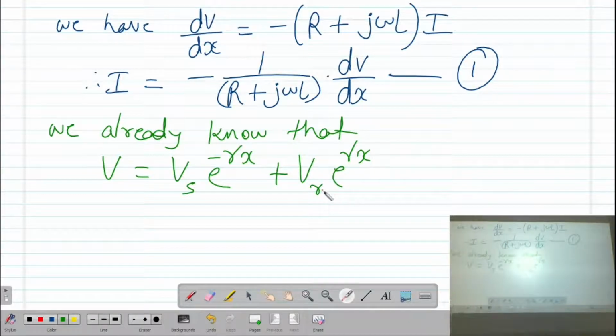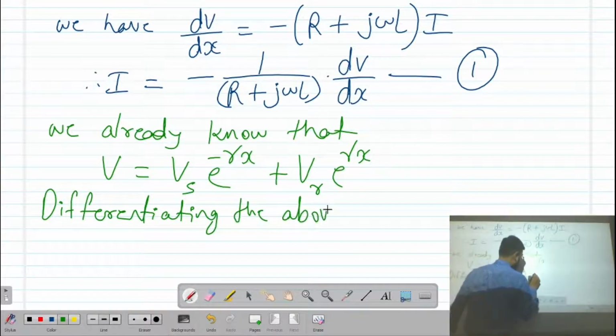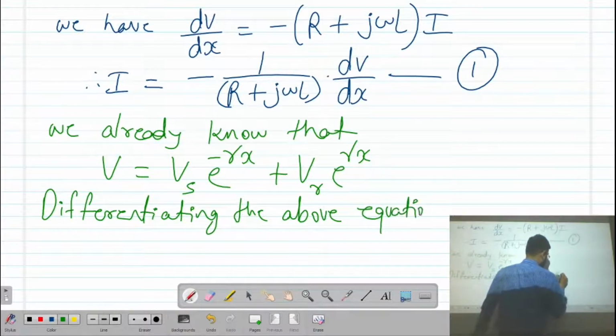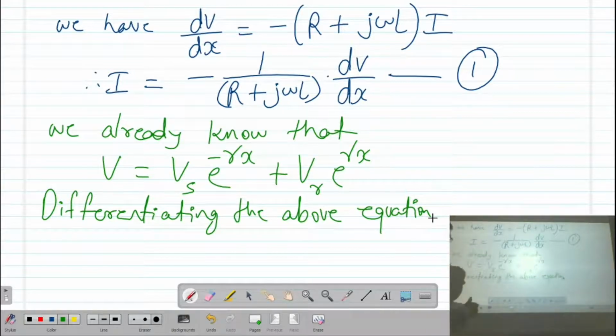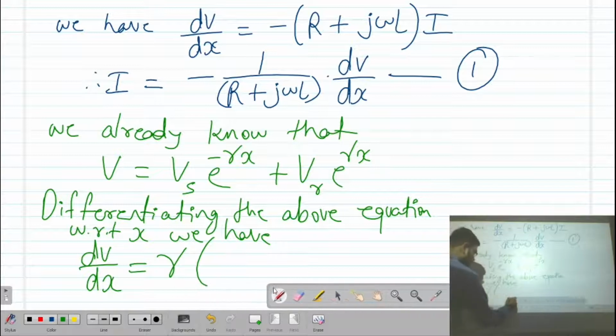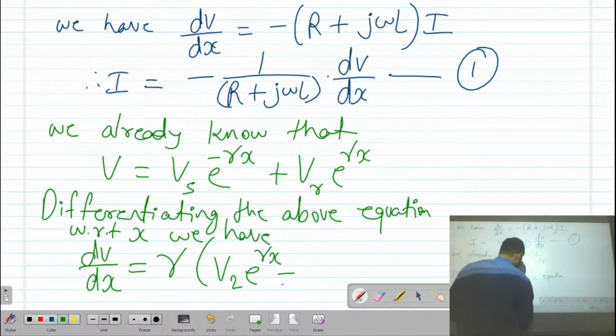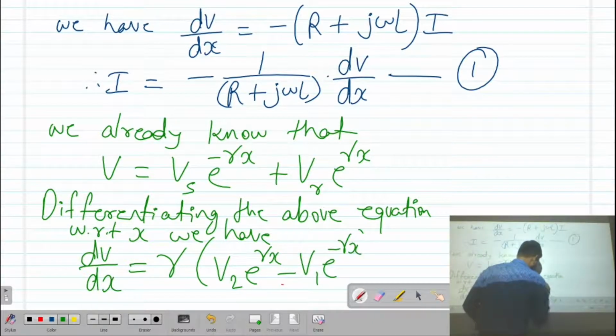Now further differentiating the above equation with respect to x, we will have dV by dx is equal to gamma into (V2 e raised to gamma x minus V1 e raised to minus gamma x).